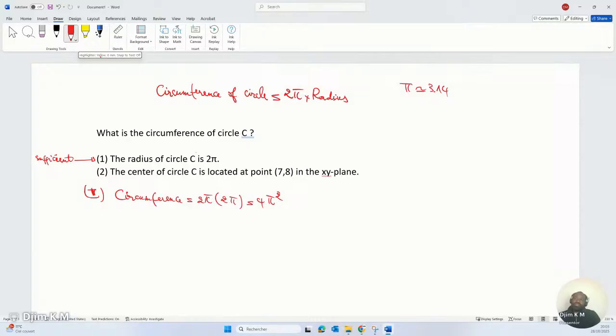Okay, so if you have 2, 3, so it's located somewhere. 1, 2, 3, 4, 5, 6, 7. 1, 2, 3, 4, 5, 6, 7, 8.